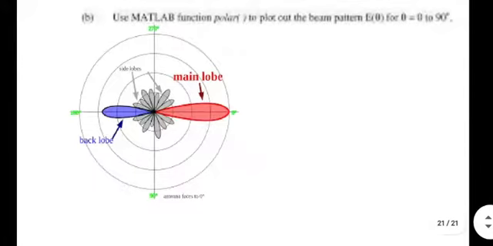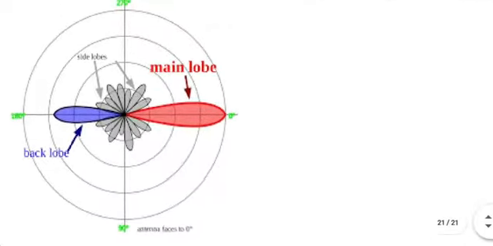Repetition. Main lobe, back lobe is possible in some cases. In this case, even on the back side, there is strong enough radiation, although it is not as strong as radiation on the front side, but it is wasting the power. So it's not a good design for sure. And in between, you see lot of side lobes of varying amplitudes.